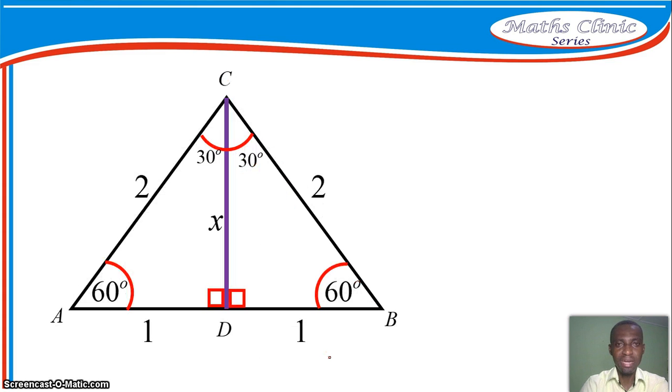Now I can redraw the whole diagram to look like this. 90 degrees is here, here is x, here is 30 degrees, 2 centimeters, 1 centimeter, 1 centimeter, and then the 60, 60. Now we can take any side and calculate the value of x. Here we can apply Pythagoras theorem, which says that x squared plus 1 squared is equal to 2 squared.